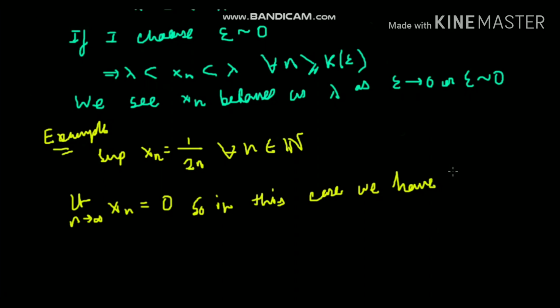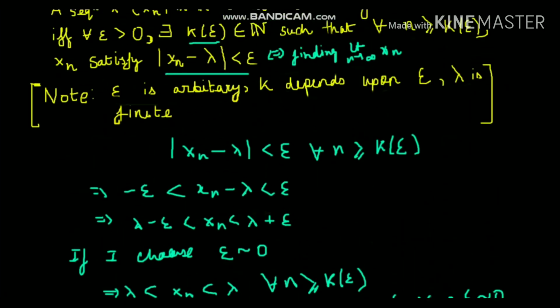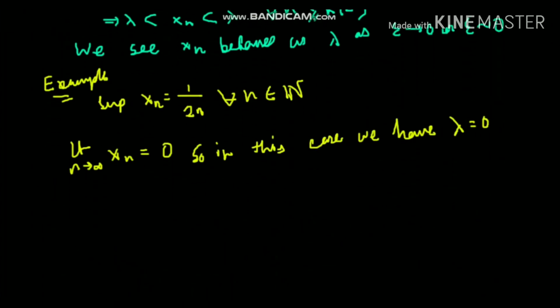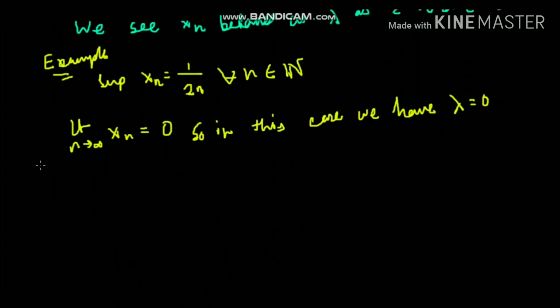So in this case we have lambda, the convergence point, to be 0. So if I go back to my initial condition that x of n minus lambda should be less than epsilon, I'm writing it down again.